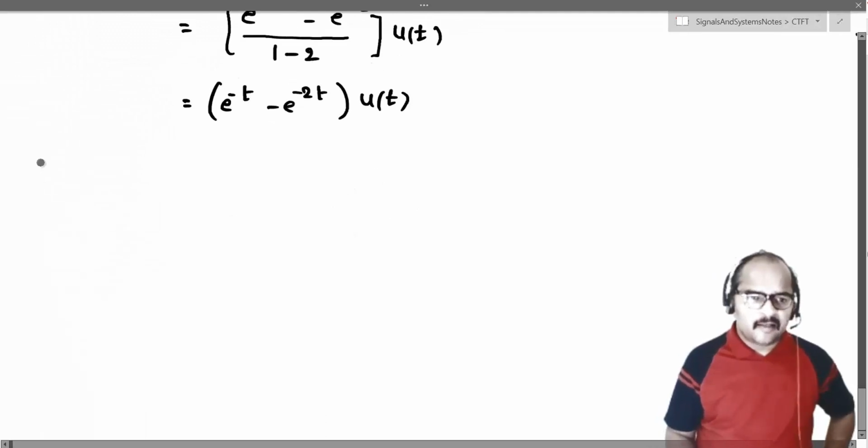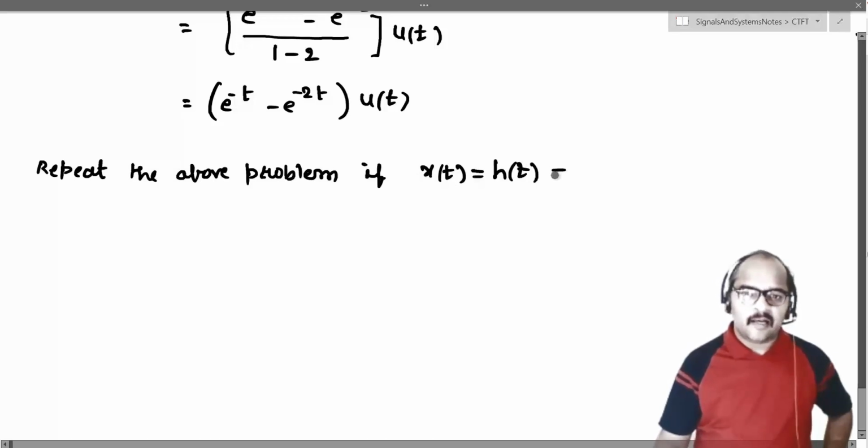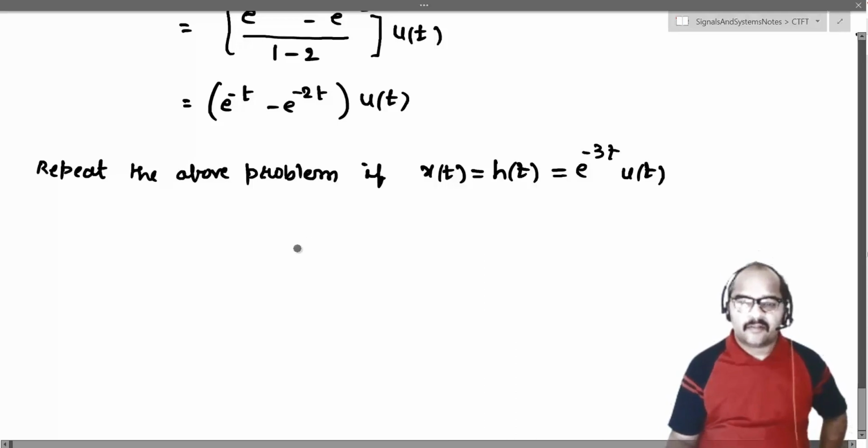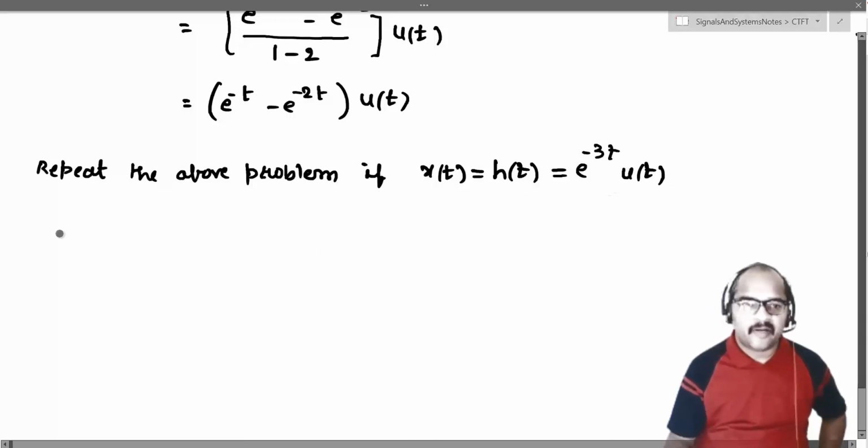Repeat the above problem if x of t and h of t are both equal to e power minus 3t u of t. What does it mean? The input is e power minus 3t u of t and the impulse response is also e power minus 3t u of t.